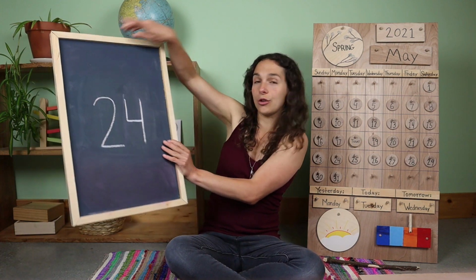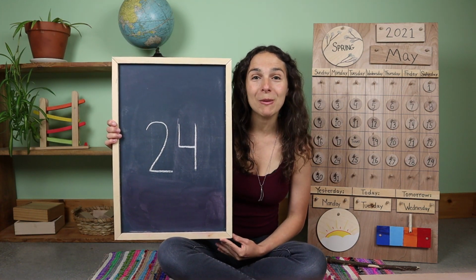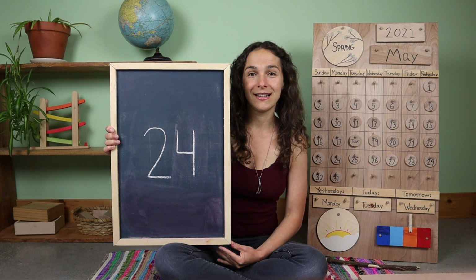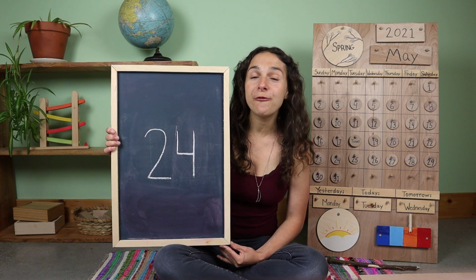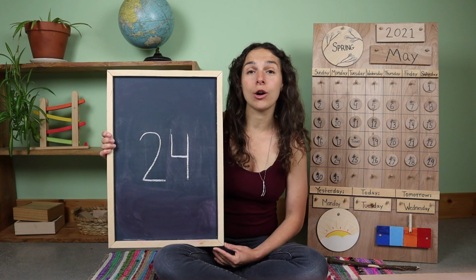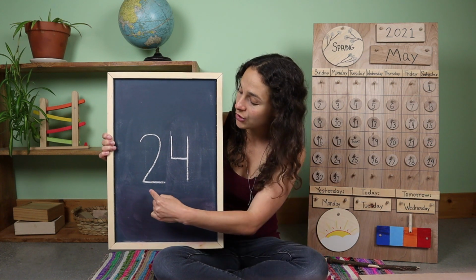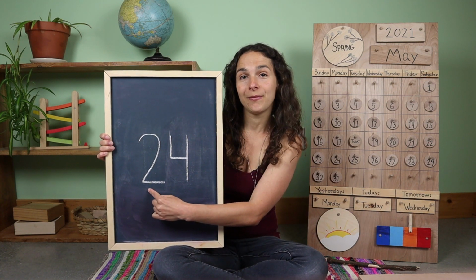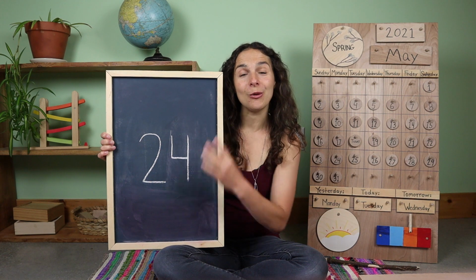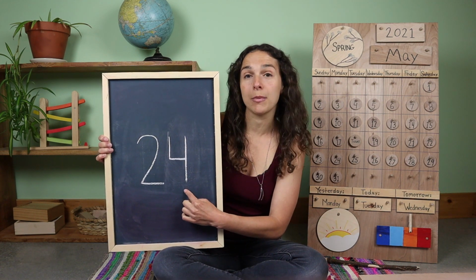Yesterday, we also learned a new double-digit number. Do you remember what number this is? 24. That's right. Now, when you write the number 24, you have to write two numbers. Will you show me with your fingers what number you write first? 2. And after you write the number 2, you have to write this number.